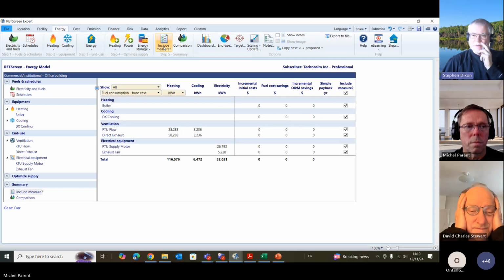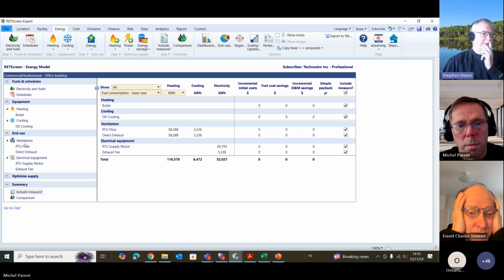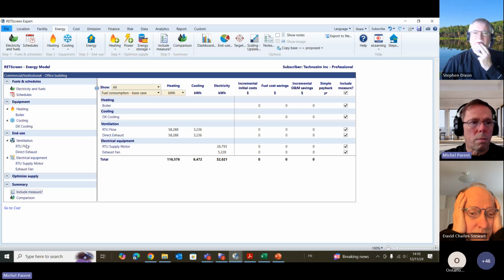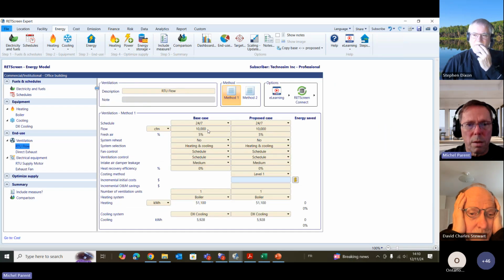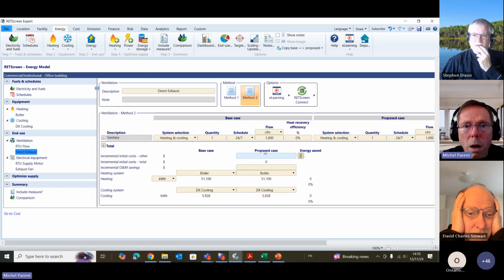Right, now where I think there's an issue. Let's go back to the include screen. So why is your RTU flow and your direct exhaust flows the same? Oh, did I forget to... RTU flow 5%, and then the direct exhaust 15%. Oh, maybe I made a 1,000 CFM... No, it works.